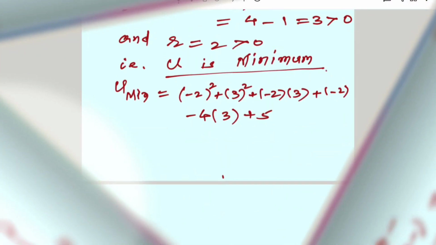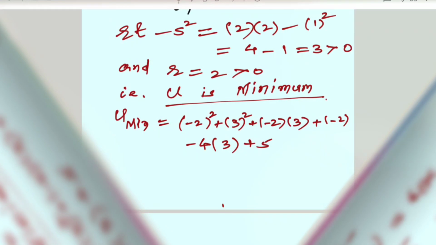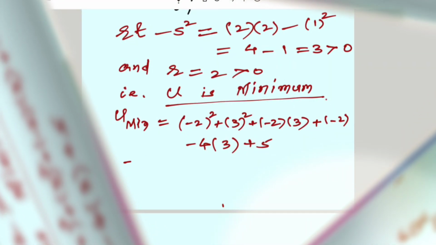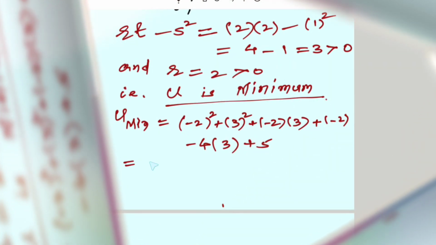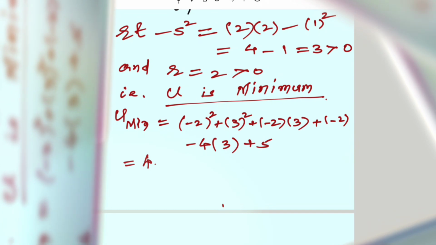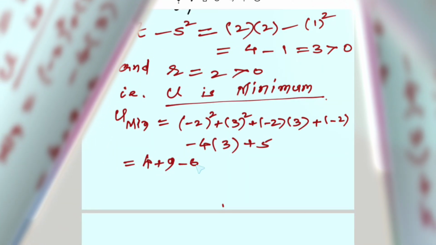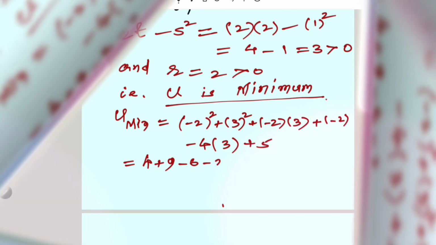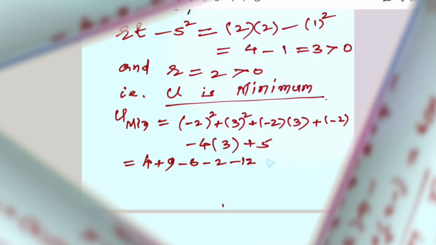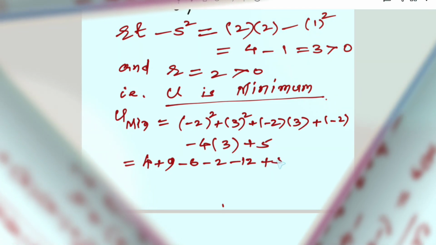Simplifying, (−2)² is 4, 3² is 9, 3 times −2 is −6, −2, 4 times 3 is −12, and plus 5.